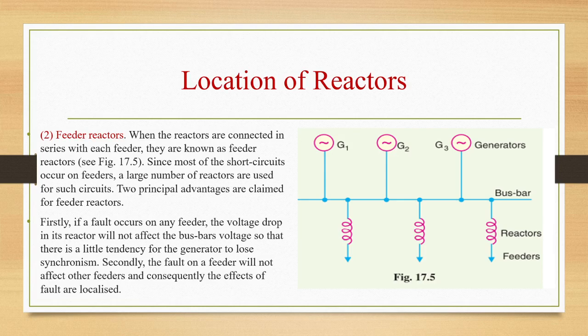First one is if a fault occurs on any feeder, voltage drop in its reactor will not affect the bus bars voltage, so that there is little tendency of the generator to lose synchronism. Second one, a fault on the feeder will not affect other feeders and consequently effects of the fault will be localized.